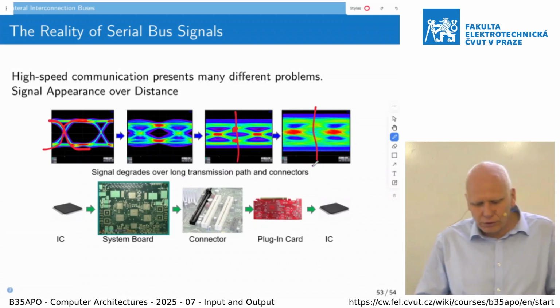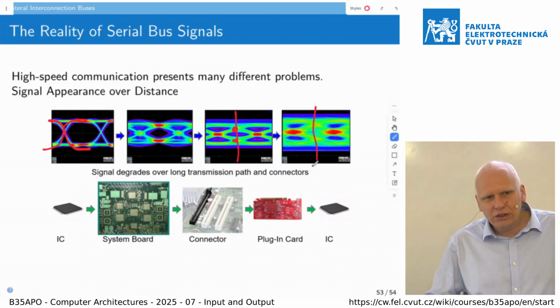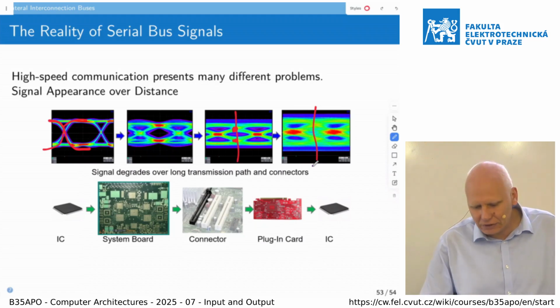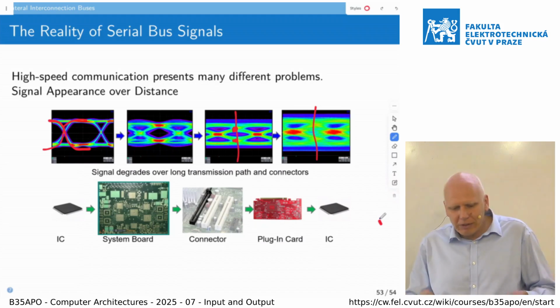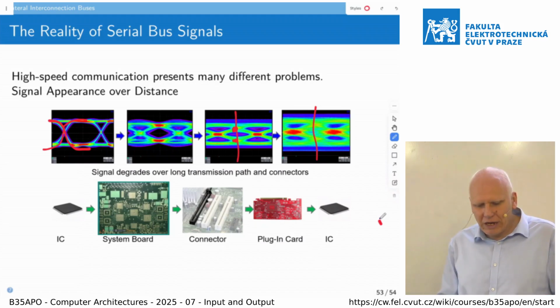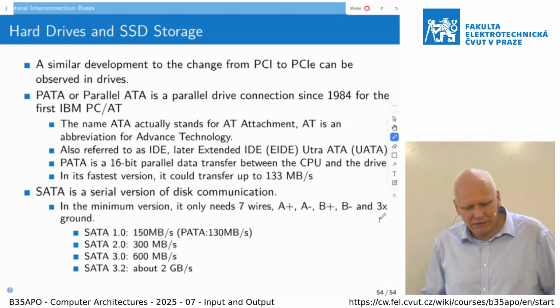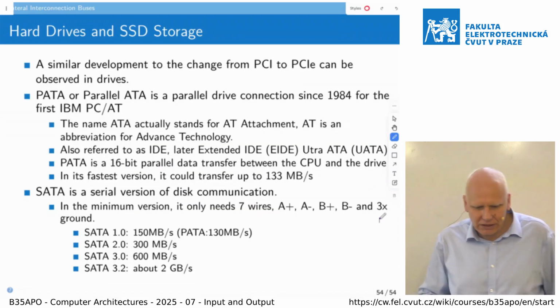You need to use self-correction codes and signaling to resend the data, because at those very high frequencies the probability of disturbance and error is relatively higher.